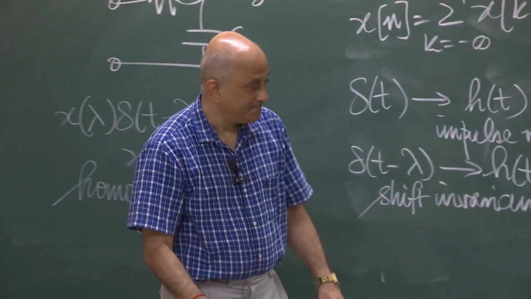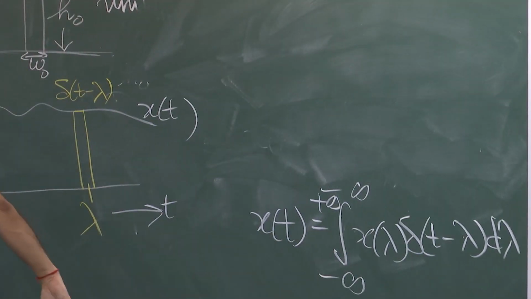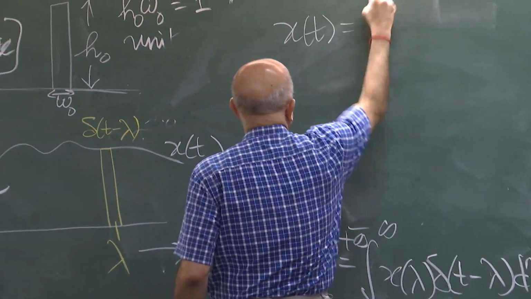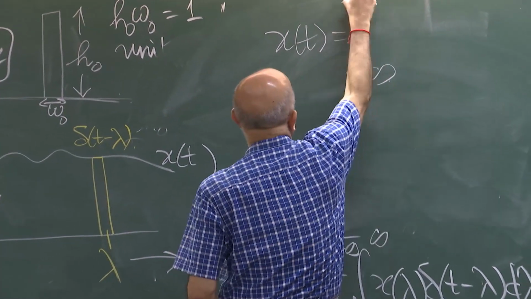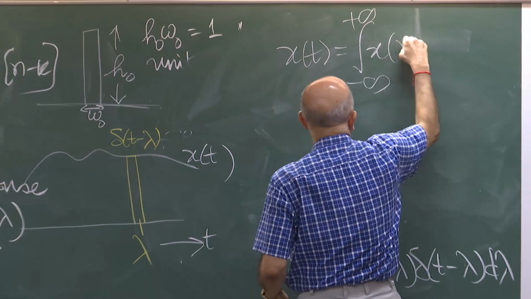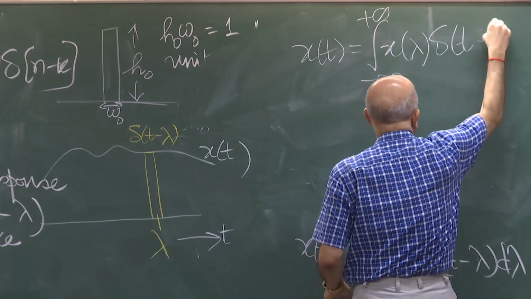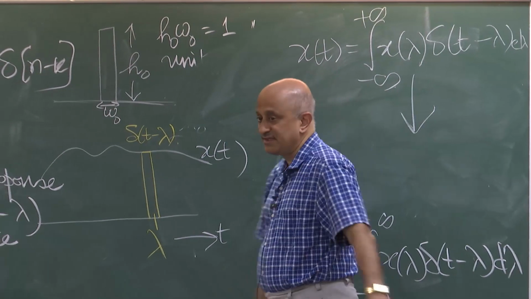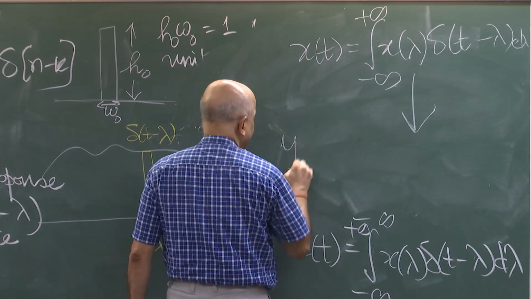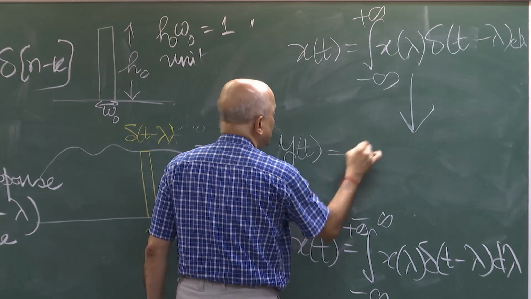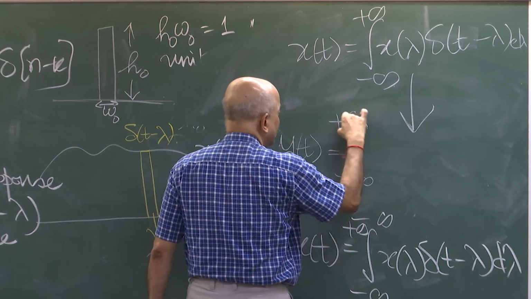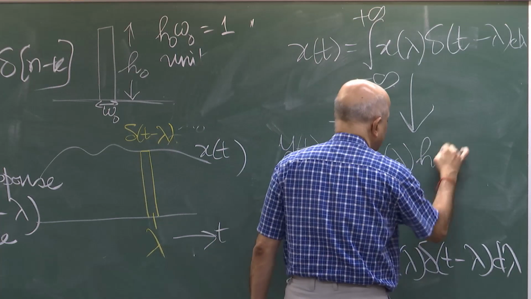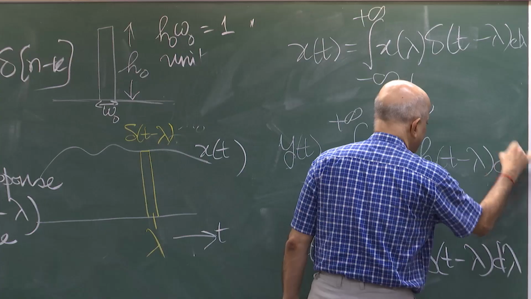And finally, xt, which is integral x lambda delta t minus lambda d lambda, is going to produce yt, which is equal to integral minus to plus infinity x lambda h of t minus lambda d lambda.